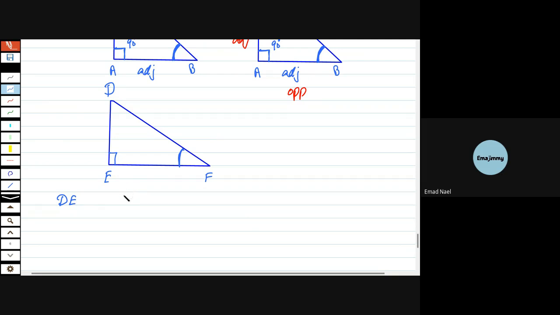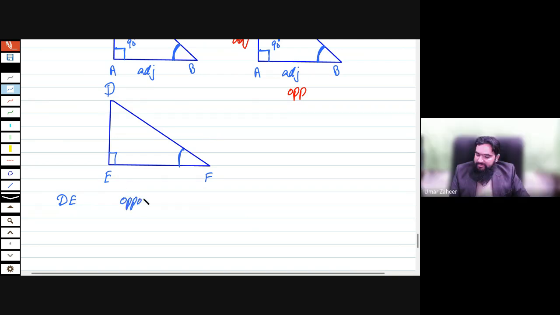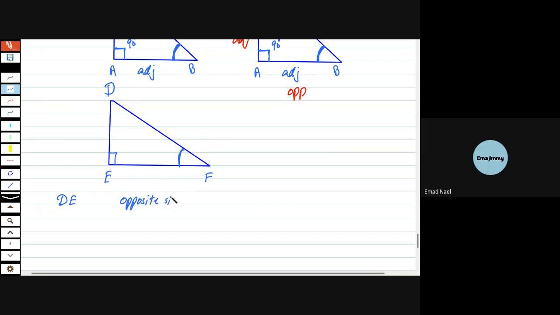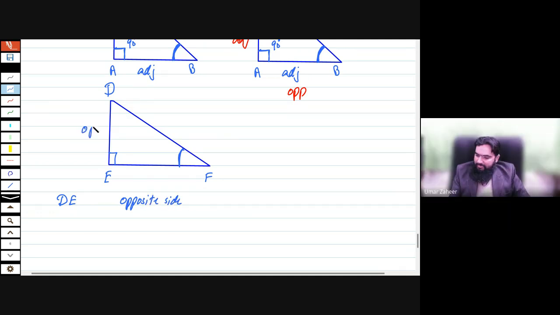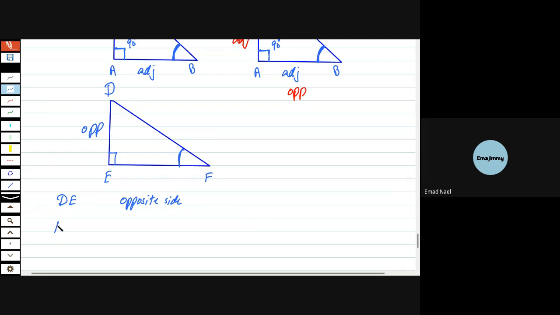Opposite. DE is the opposite side. And is EF adjacent? And DF is the hypotenuse.